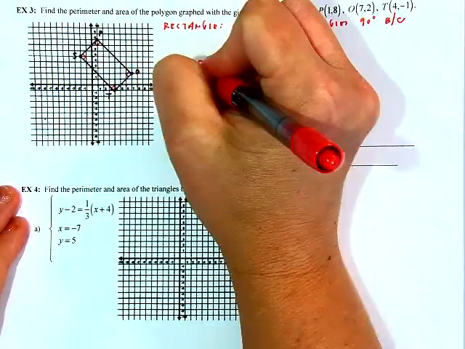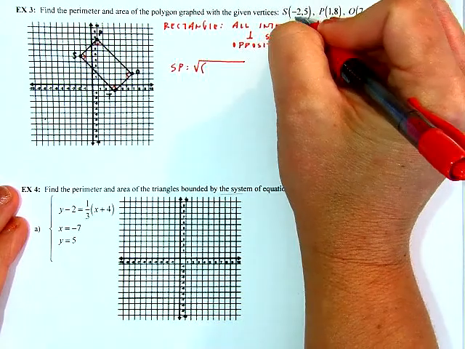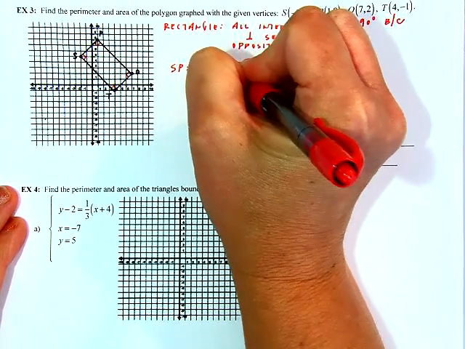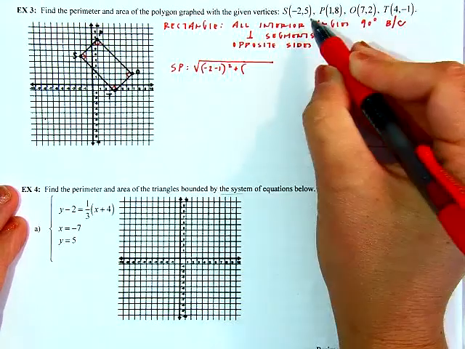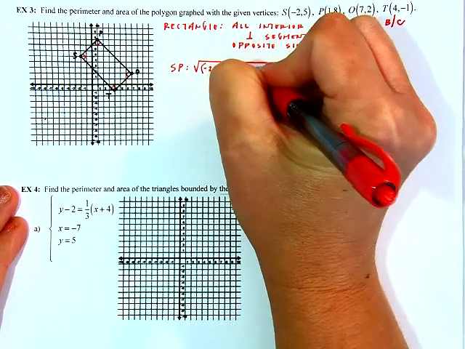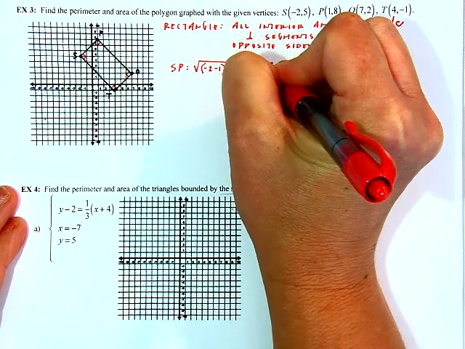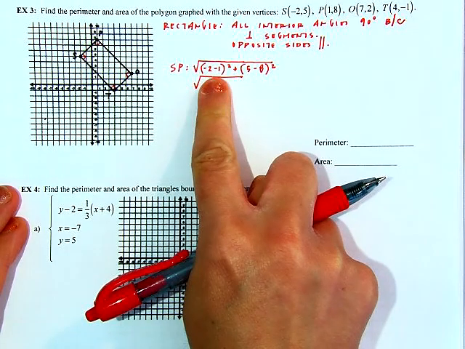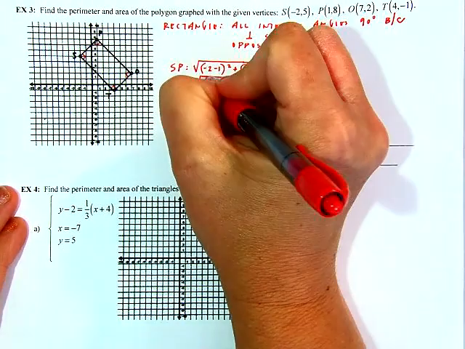So difference between the x values, I have -2 minus 1, and then squared. Difference between the y values, so 5 minus 8, and then squared. Okay, so now -2 minus 1, and then squared, so I have -3 squared.